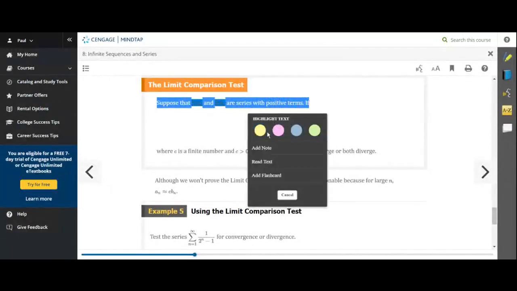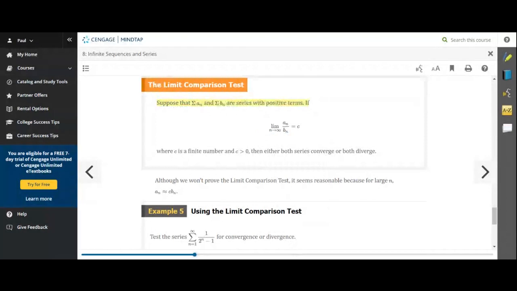This is the limit comparison test. The limit comparison test says that if you have two series and you look at the ratio of the terms of those two series and take the limit, if the ratio of those terms approaches a constant, okay, then the series will either both converge or diverge.